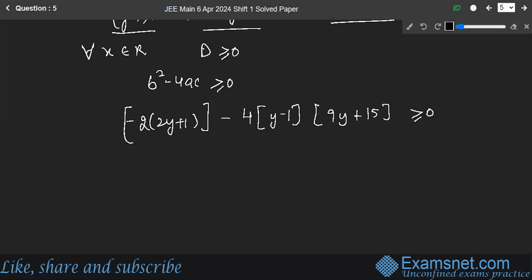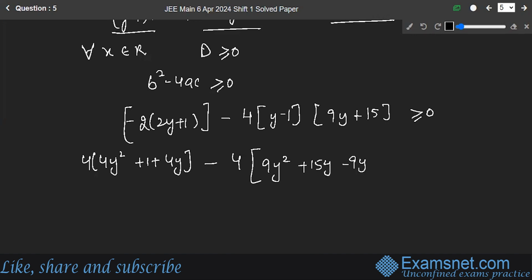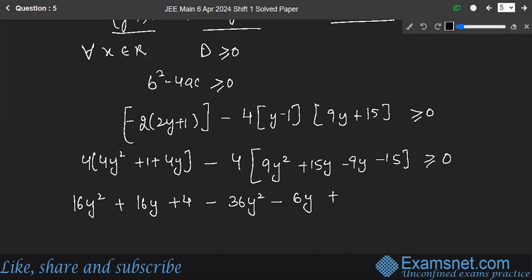This will give me 4y squared plus 1 plus 4y minus 4 (9y squared plus 15y minus 9y minus 15) is non-negative. This gives me 16y squared plus 16y plus 4 minus 36y squared, and this will be minus 6y plus 16.